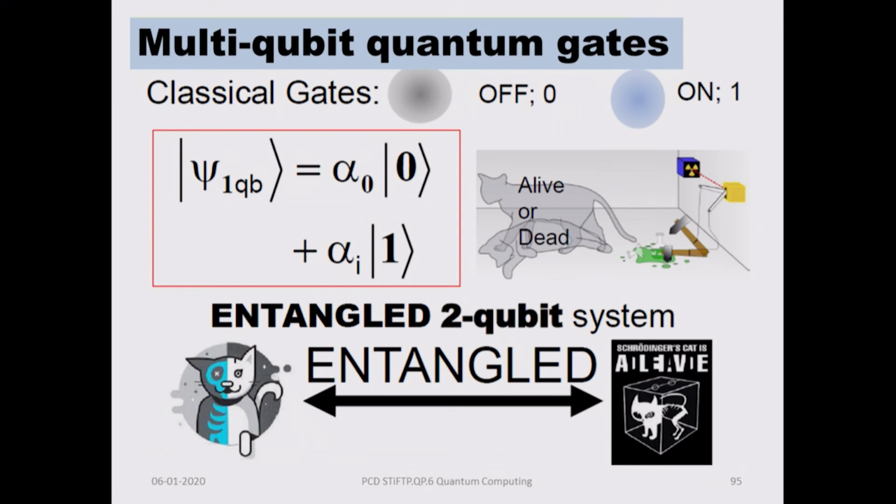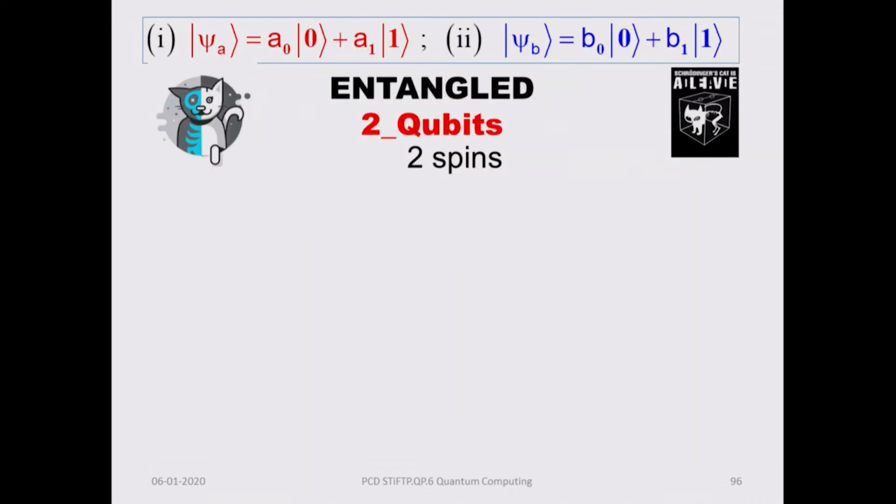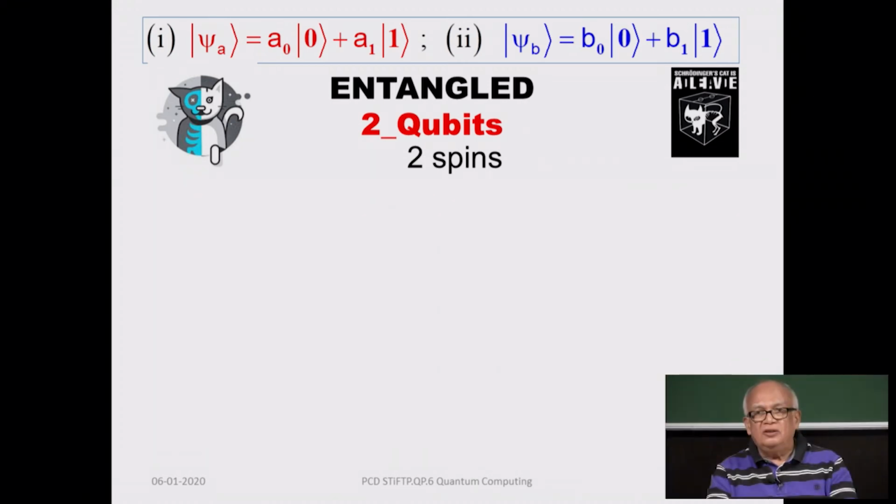All right? And then we are going to discuss the possibility of entanglement between these two cats which are both dead and alive. Okay? So this is the 2-qubit system that we will now begin to discuss. So you are going to talk about entangled 2-qubit systems.